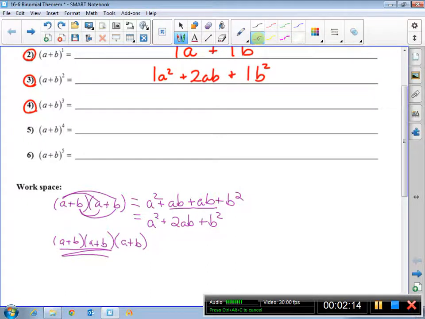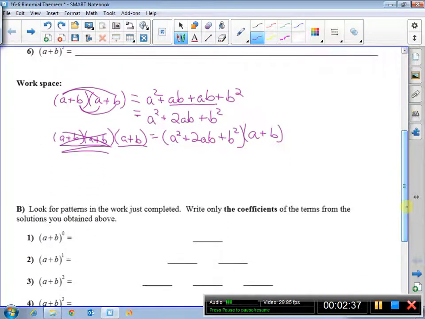So since I already know the answer from up here, I'm going to use this answer up there. So I'm going to say that these two already gave me a squared plus 2ab plus b squared. And then I'm just going to multiply that by a plus b. This could be a little bit of work, but we can do it, no problem.